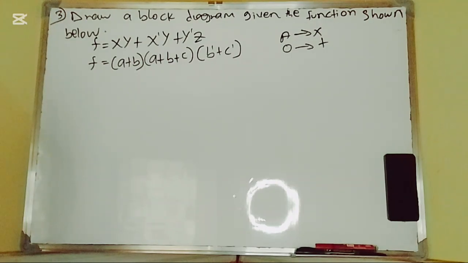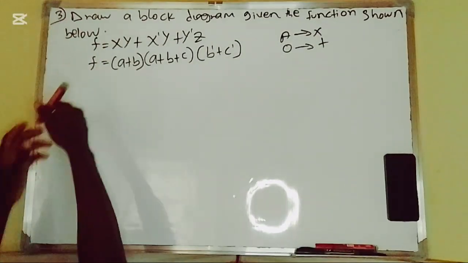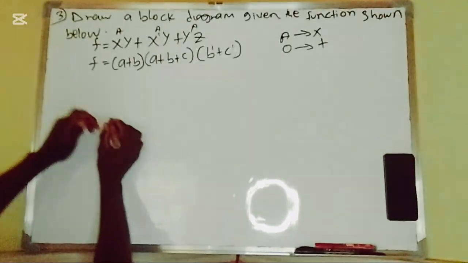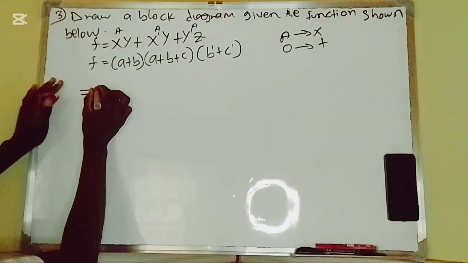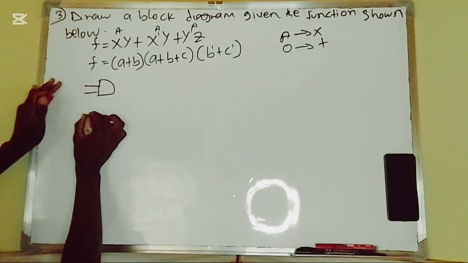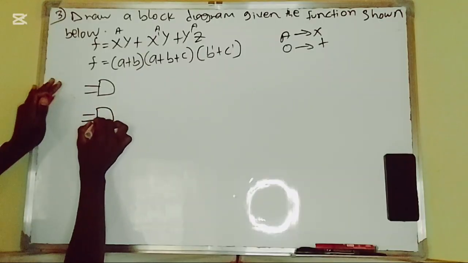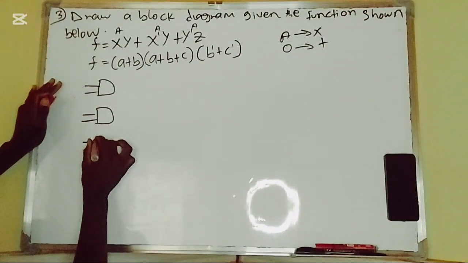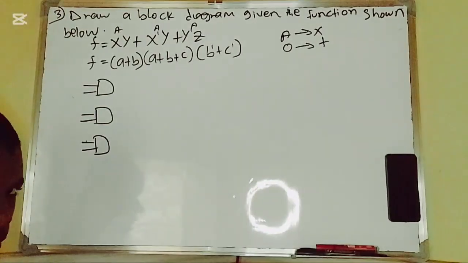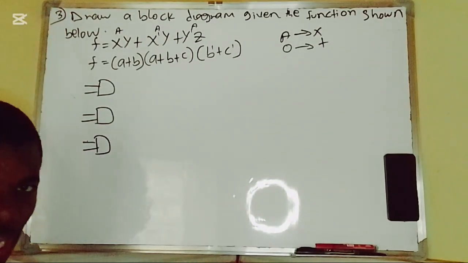Yes. So the next thing that I'm going to do is, as I see, this is an AND gate, this is an AND gate, this is an AND gate. So let me say I have my AND gate, and I have another AND gate, and again, I have an AND gate. This is how you can solve this kind of problem, how you can draw this diagram step by step.